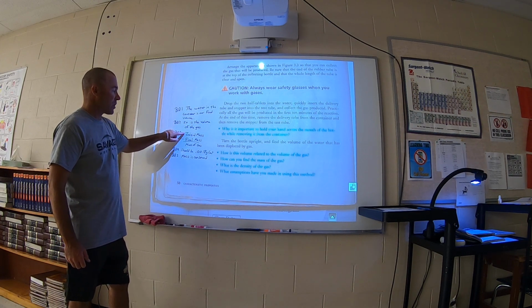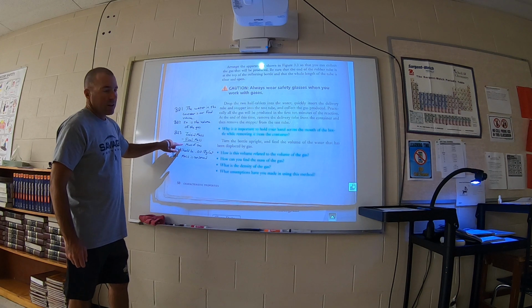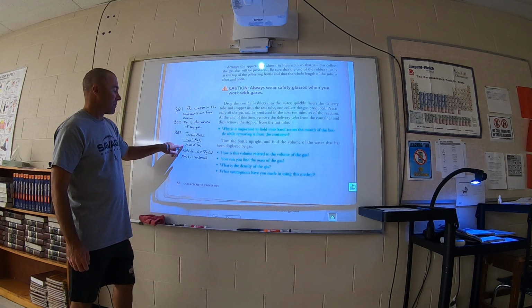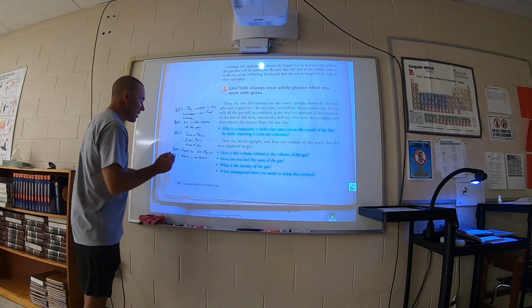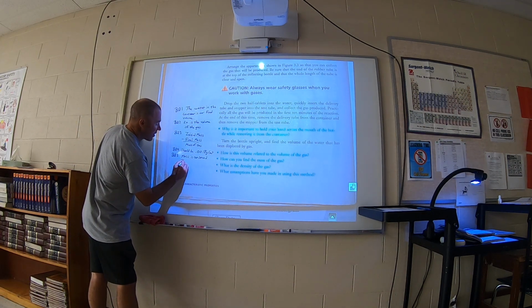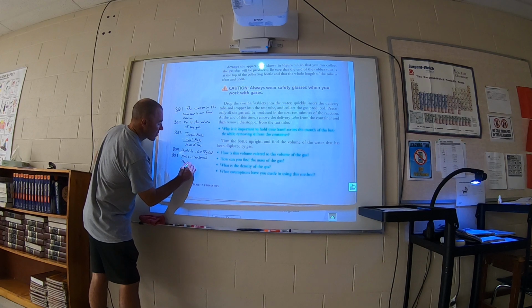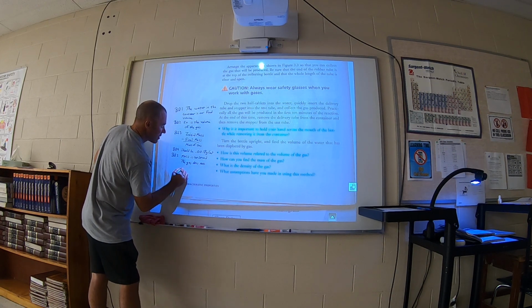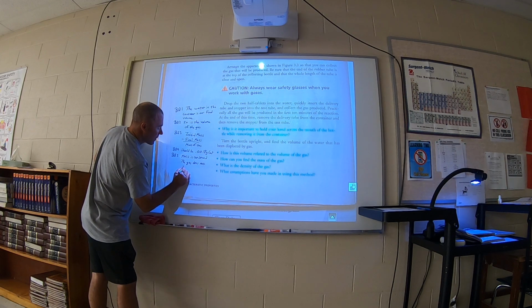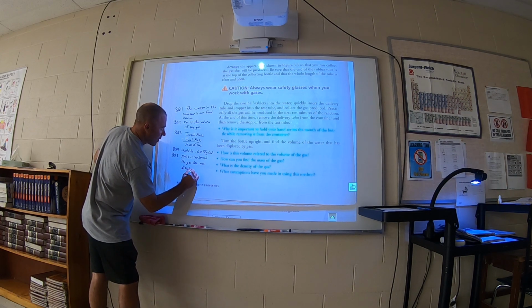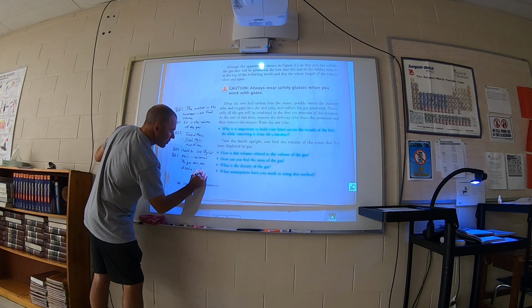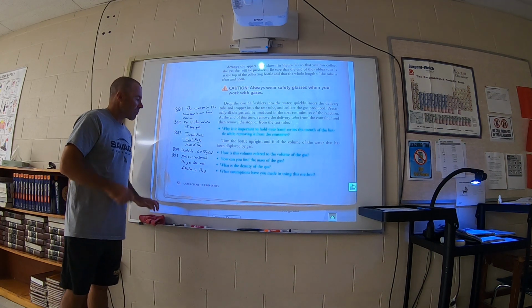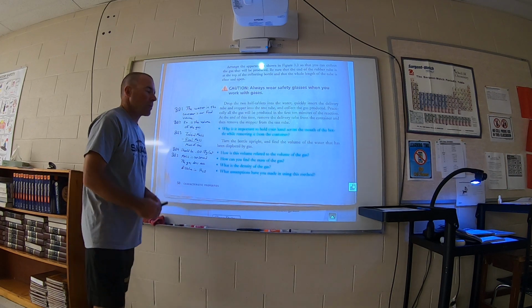So this change from initial mass to final mass has to be the gas that escaped into the other container. The other thing we're assuming is that the gas does not dissolve in water. We'll deal with those assumptions a little bit later.